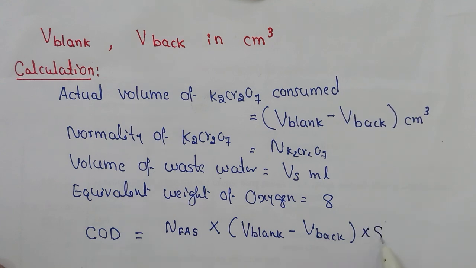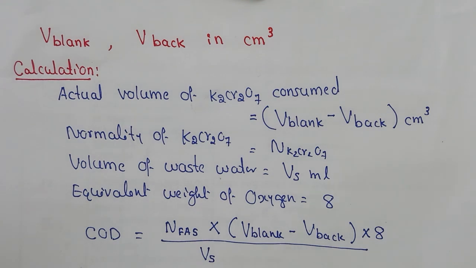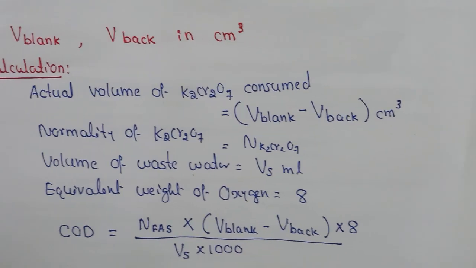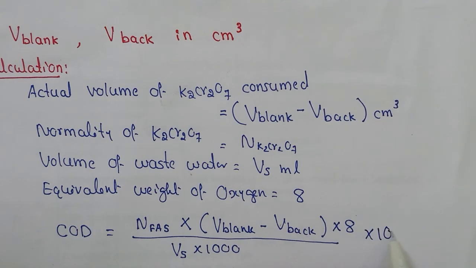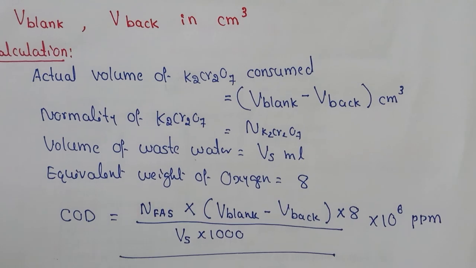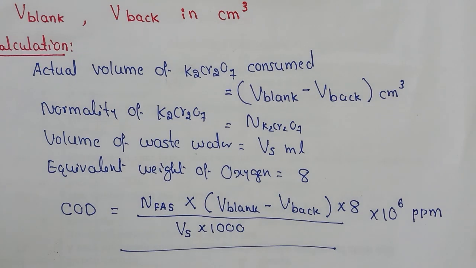Then multiply by the equivalent weight of oxygen, that is 8, divided by the volume of the sample wastewater, into 1000, then into 10 to the power 6, which gives parts per million. So this is the equation to determine the chemical oxygen demand of a given wastewater sample.